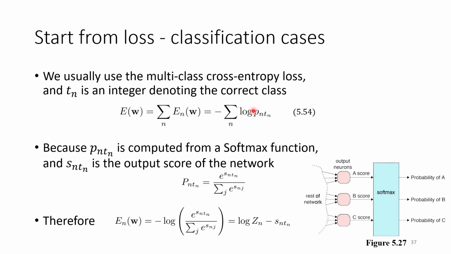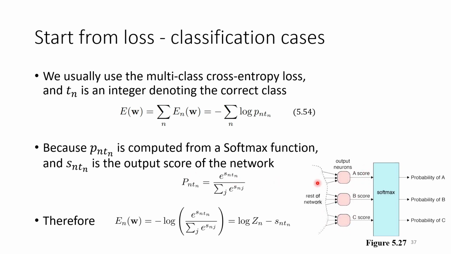So this is the reason why we use the log value of the probability. And if we have several classes, how is the probability calculated? It is calculated from a softmax function. So what is the softmax function?